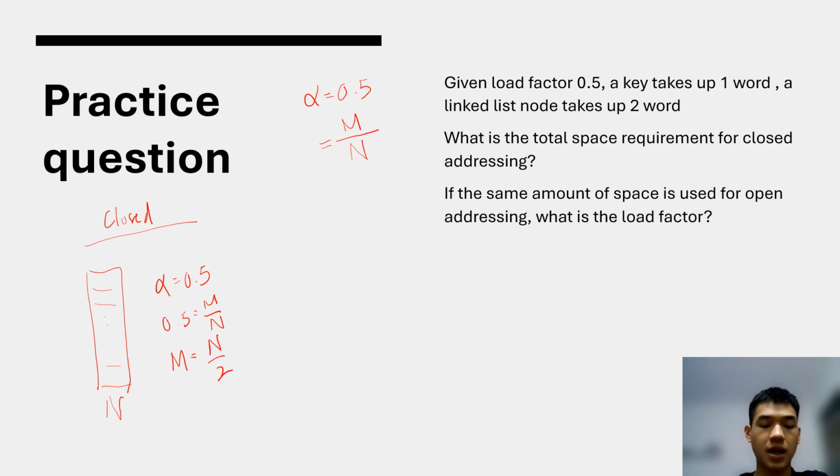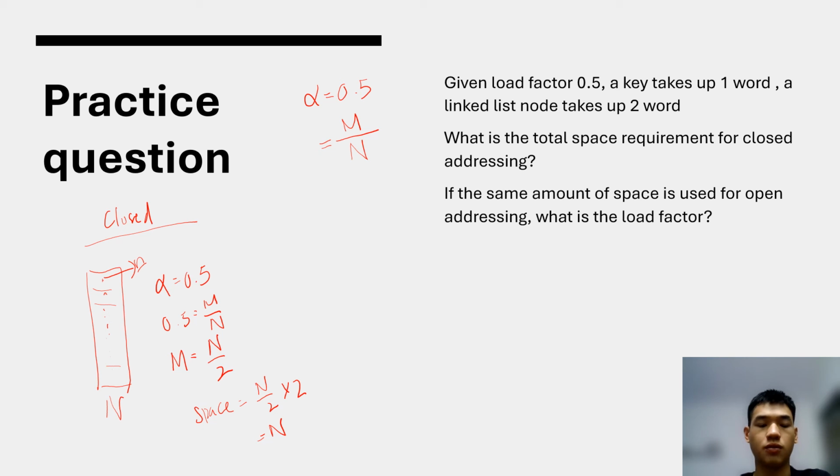It means that I have n over 2 linked list nodes inside this hash table. To find out how much space it is going to take, I need n over 2 times 2, which is n. And that is just for the linked list nodes. We must remember that each slot is a pointer that will point to a linked list. We must account for that as well.